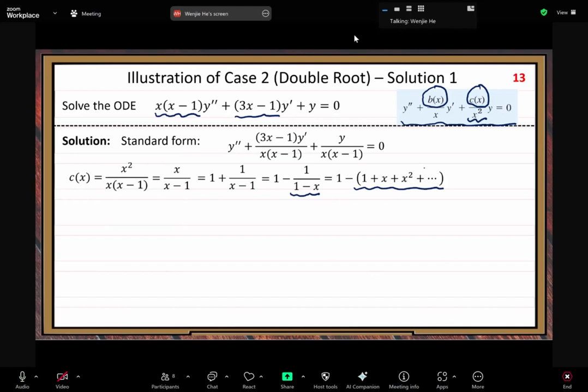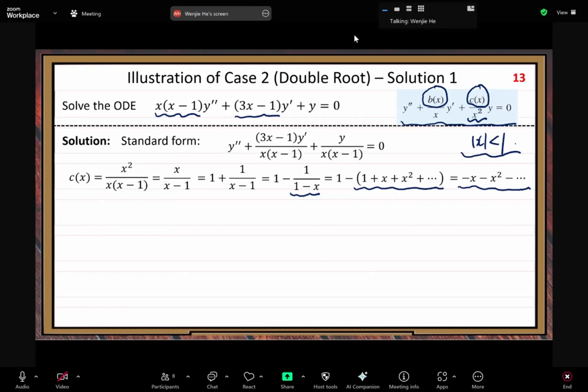And the convergence interval: within the convergence interval, you have this power series. Inside this interval, you can do a lot of operations, so you don't worry about converging or not, because we do all our operations within this interval.